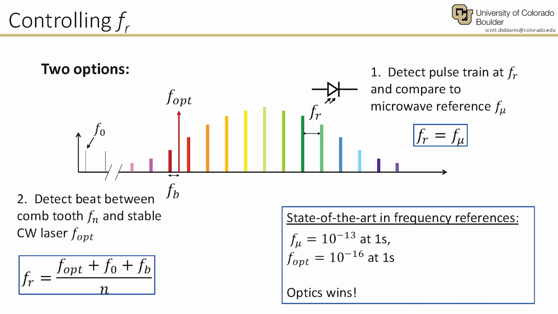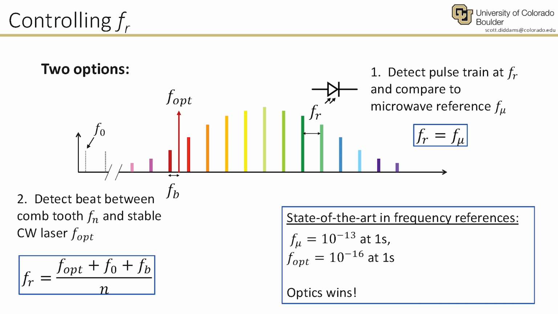So we can pick a comb tooth in the optical domain, stretch it out, shorten it a little bit, lock its frequency to a very stable CW laser, and now you just take that same equation and you rearrange it, and we get that the repetition rate is the optical frequency plus a few small microwave tones divided by n.